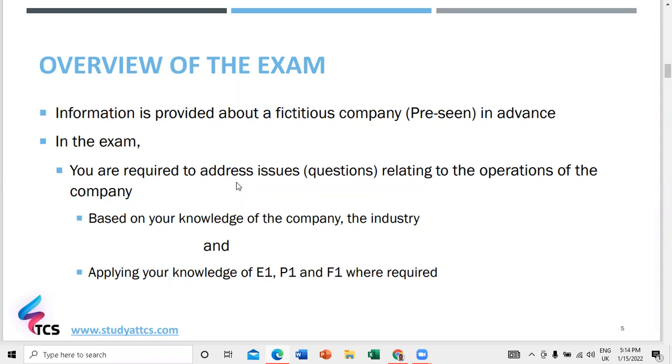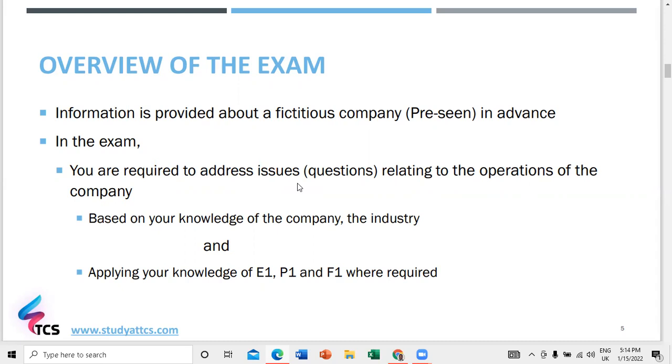So in the exam, you are required to address issues or questions relating to the operations of the company. The examiner is trying to replicate a real life work environment, and it's as if you are employed within Treadcushie, the shoe manufacturing company.